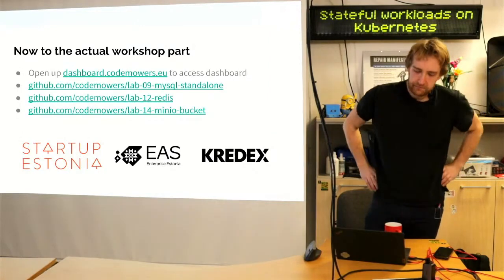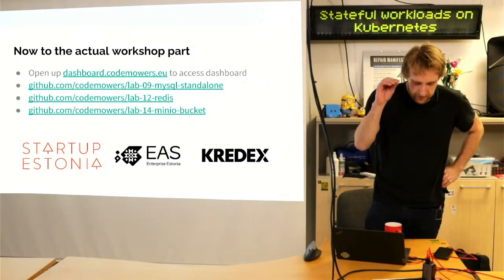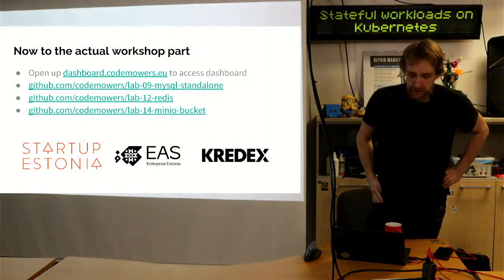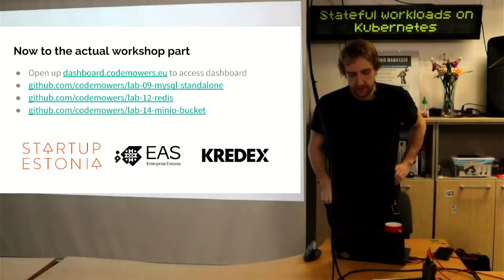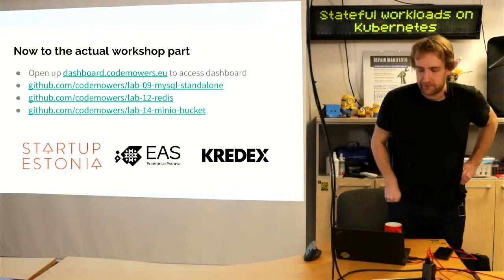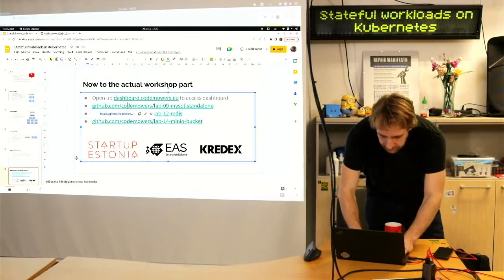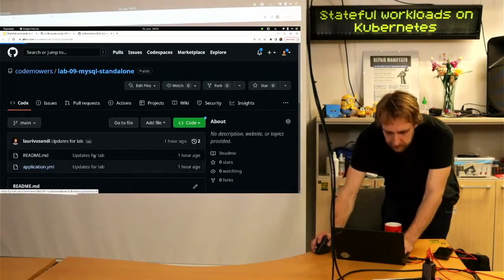So, just for the intro for the lab. I've added here a bunch of examples that you can run on the cluster. So this lab 9 MySQL standalone is the very lame option of let's go through the manifest, then you know what we're talking about.